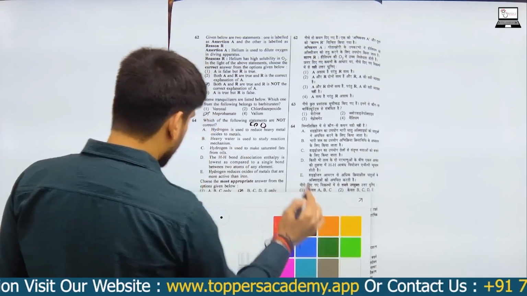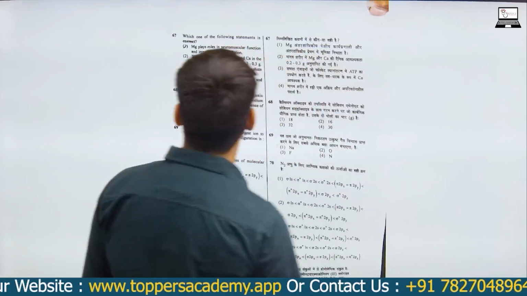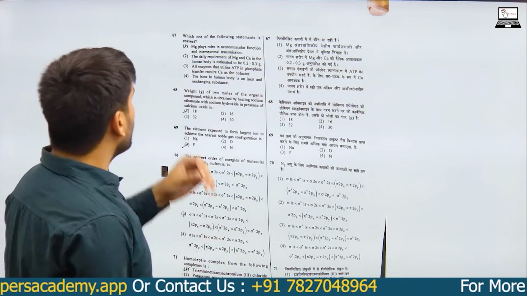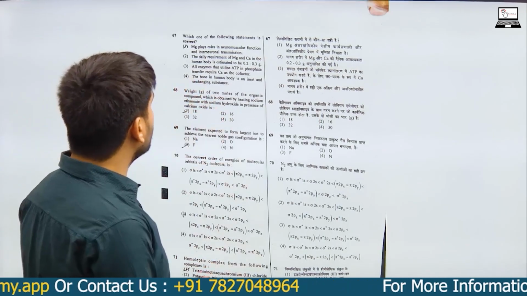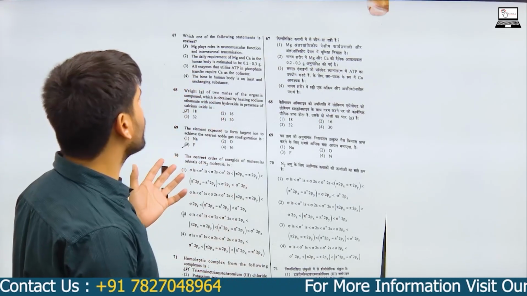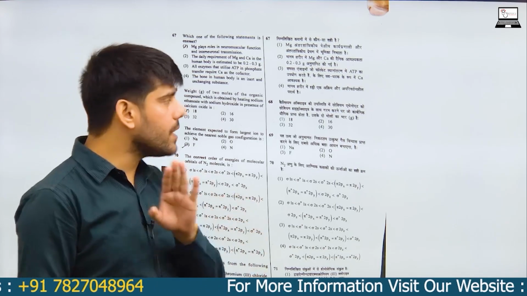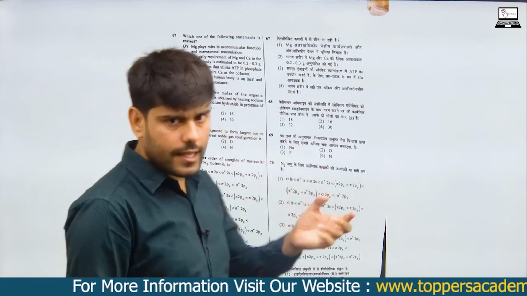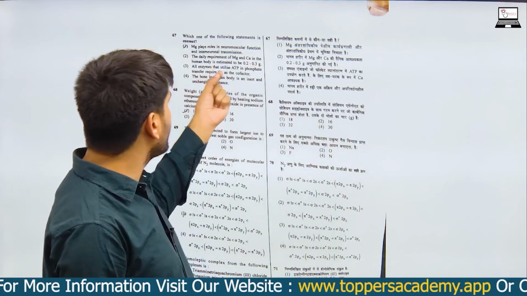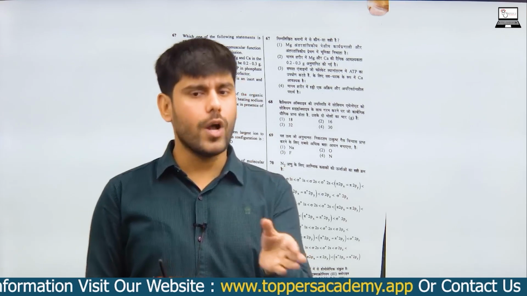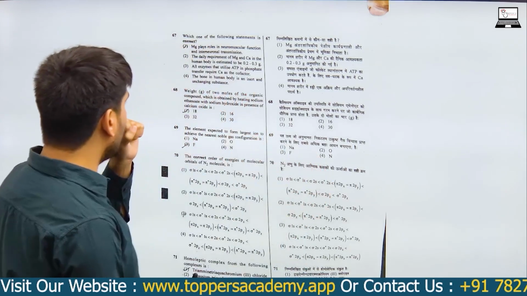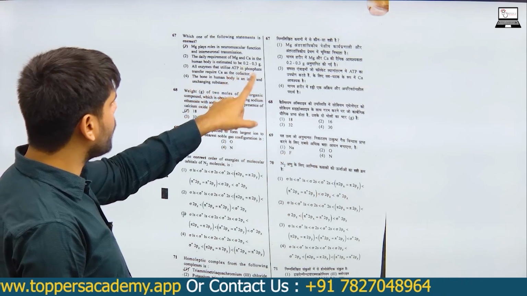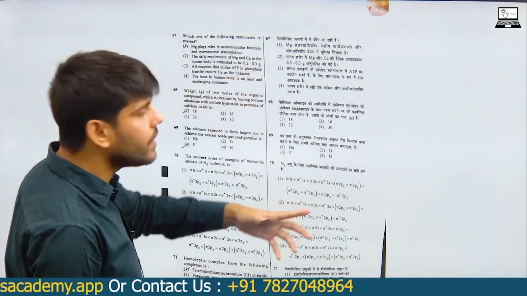Let us discuss the next question. Which one of the following statements is correct? Magnesium plays roles in neuromuscular function and interneuronal transmission. No, magnesium doesn't play the role there. The daily requirement, it's the line from the NCERT only. The daily requirement of magnesium and calcium is 200 to 300 milligram, so it is written to be 0.2 to 0.3 gram.